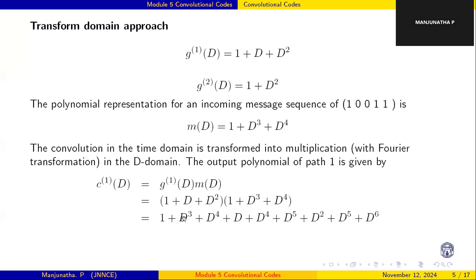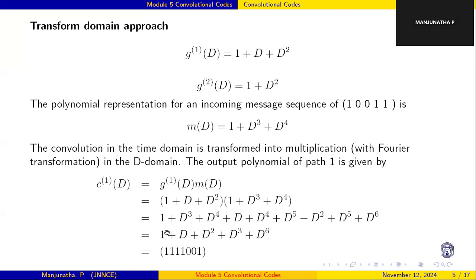D to the power of 4 appears two times and is XORed, so they cancel out, and D to the power of 5 appears two times and also cancels. The remaining terms are 1, D, D squared, D cubed and D to the power of 6.